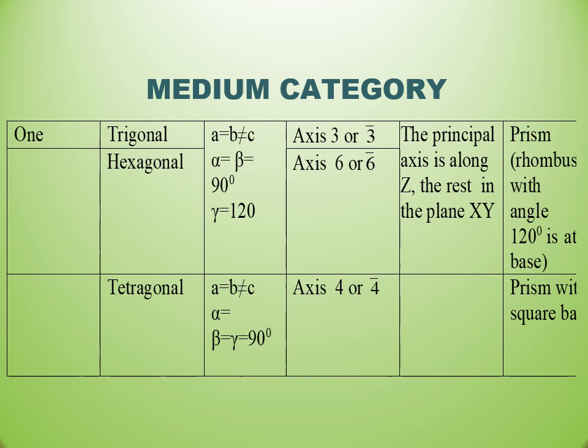I have already talked about the axis, and the principal axis is along the axis Z, the rest in the plane X, Y. The ordinary form or shape of crystals of this syngony is a prism or rhombus with an angle of 120 as its base.